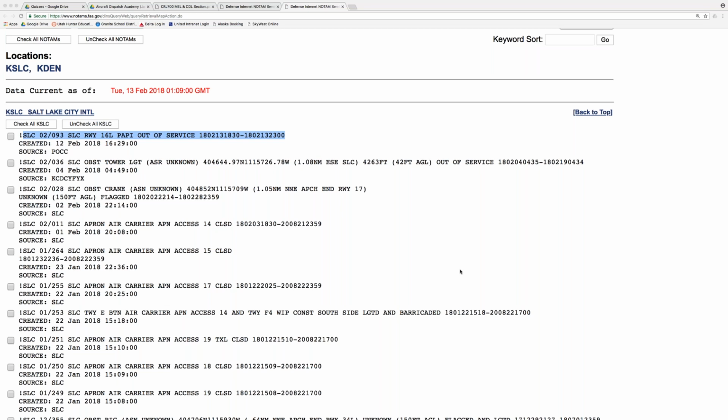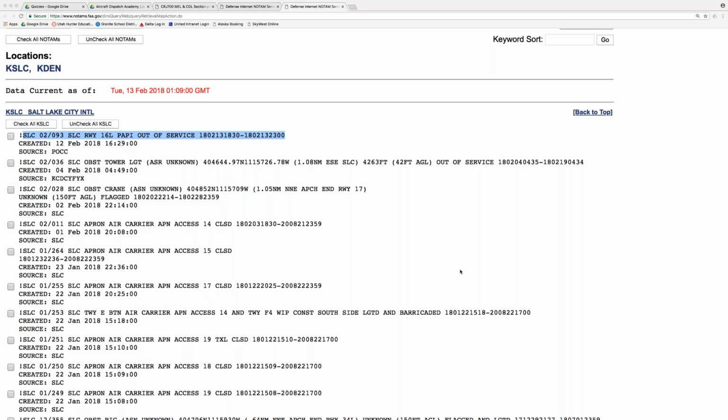So does anybody know what a PAPI is? Precision approach. That's the four light system on the left side. What does it stand for?